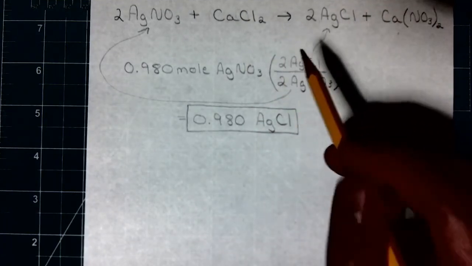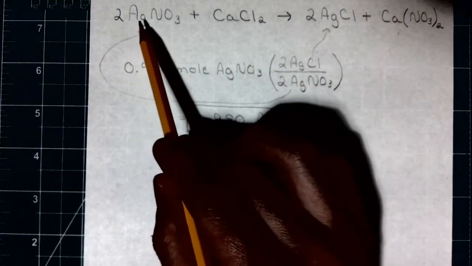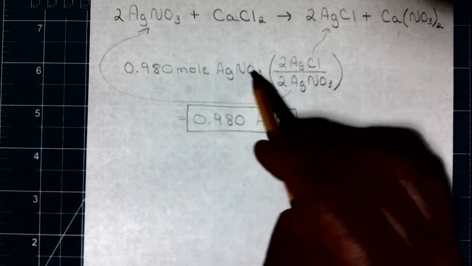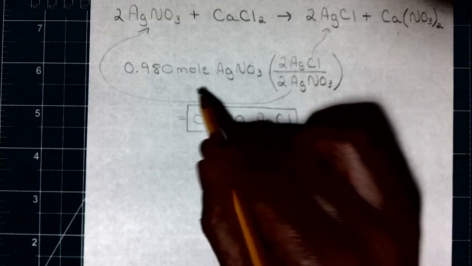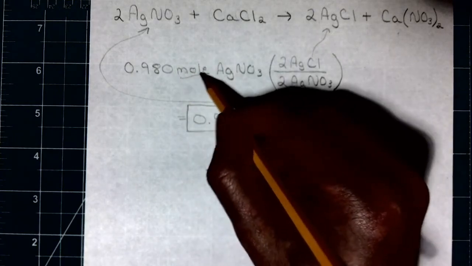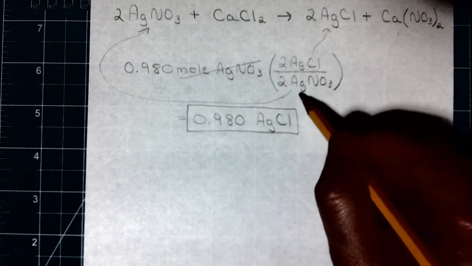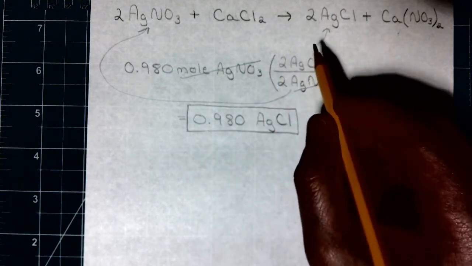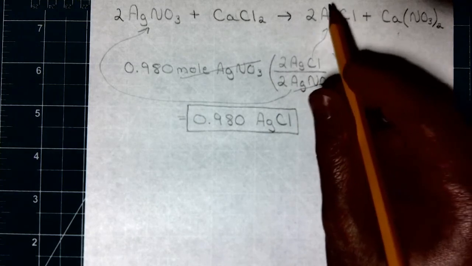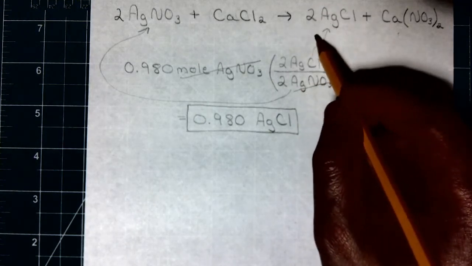So I will come up here and I will grab the coefficient for silver nitrate. And I will put that down in the denominator so that I can cancel my moles of silver nitrate. And then I will grab the coefficient for the silver chloride, the thing that I want to know.